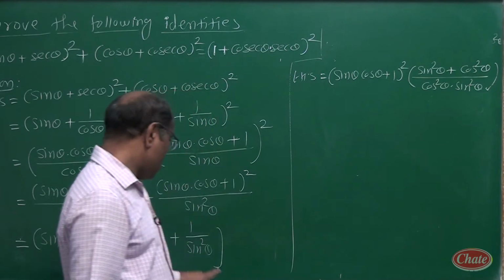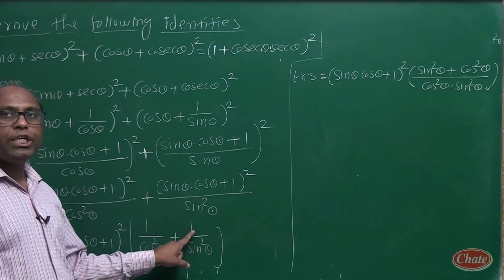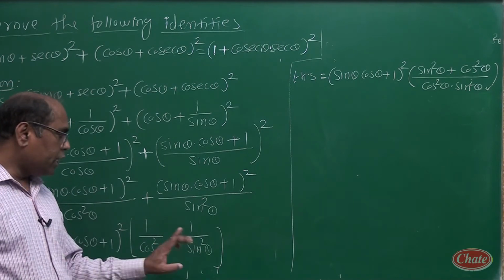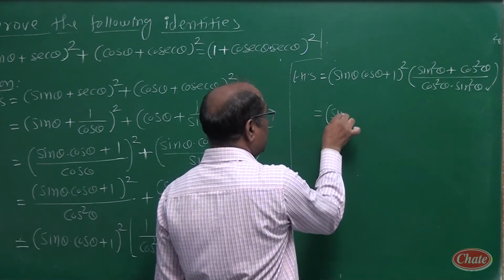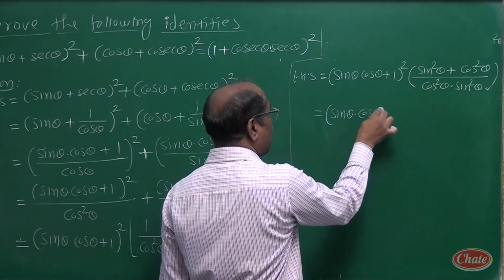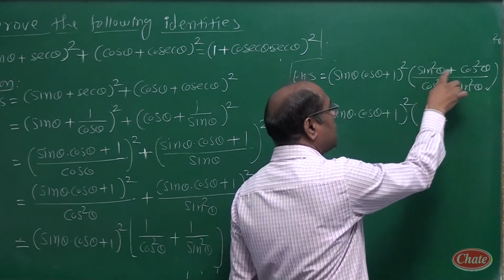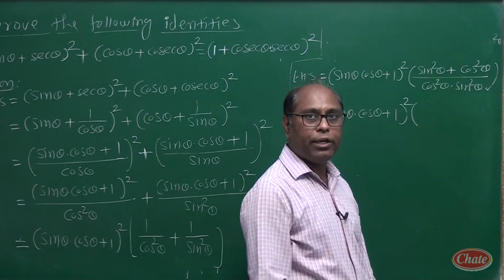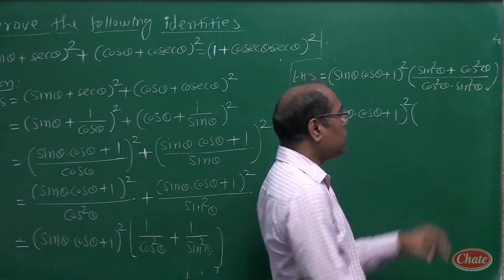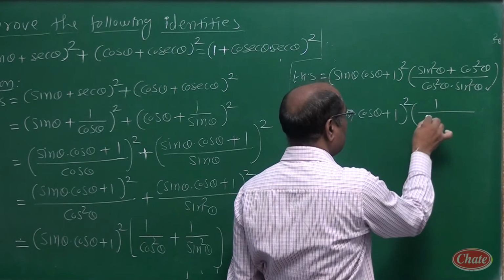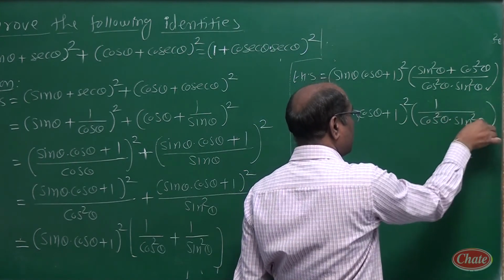Okay, so taking the cross multiplication here, that is equal to (sin theta cos theta plus 1) bracket square. Now here sin square theta plus cos square theta, it is an identity, so its value is equal to 1. Sin square theta plus cos square theta is 1. So 1 divided by cos square theta into sin square theta.